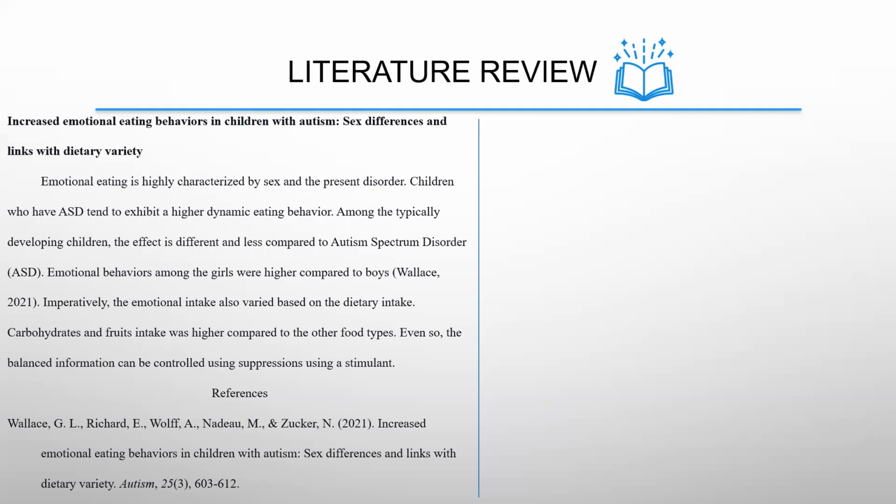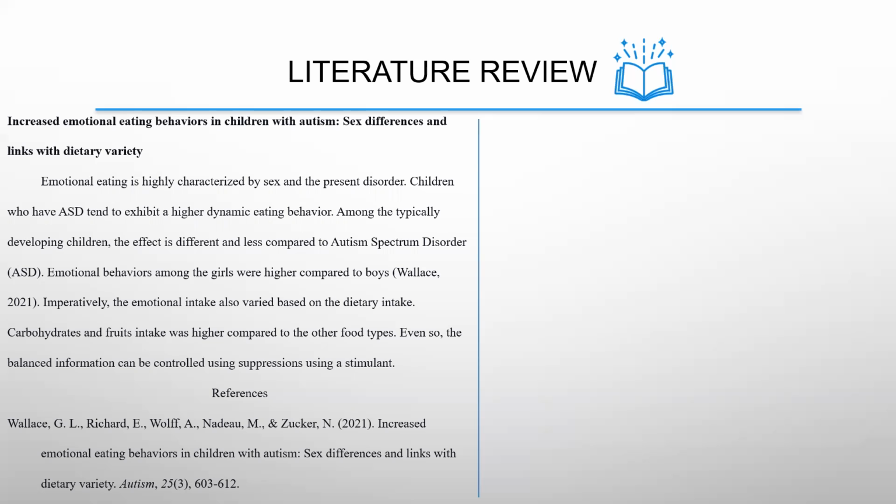Children with autism spectrum disorder were rated as exhibiting both more emotional overeating and more emotional under-eating behaviors than their typically developing peers, and among all children with autism spectrum disorder, emotional overeating was linked with the increased consumption of sweet foods and the decreased consumption of vegetables.